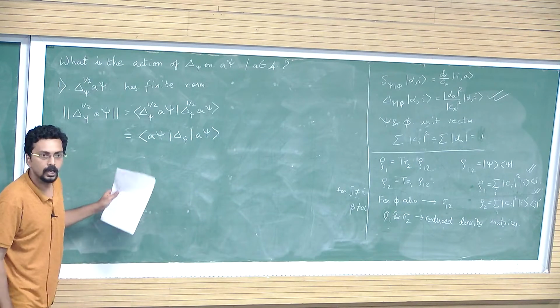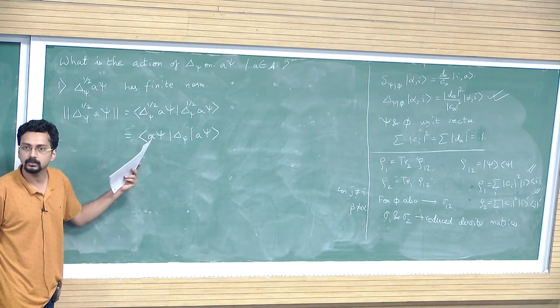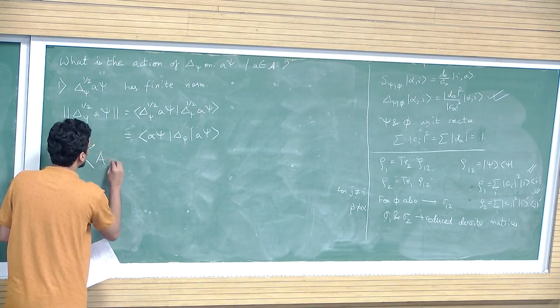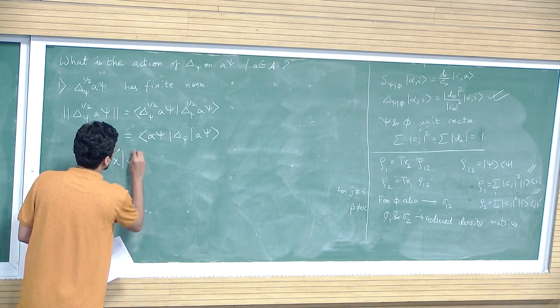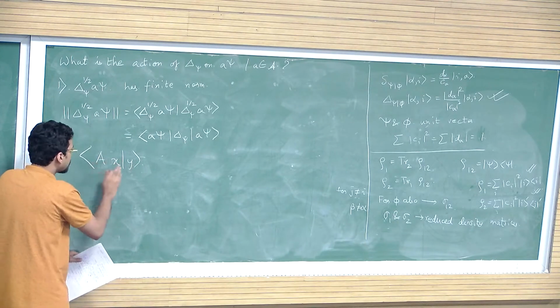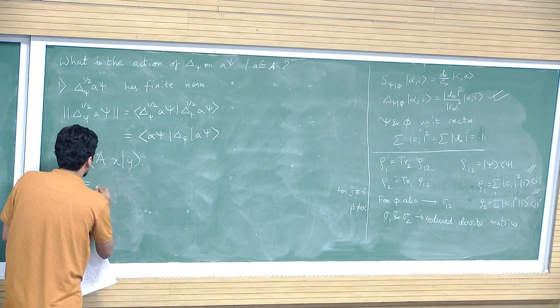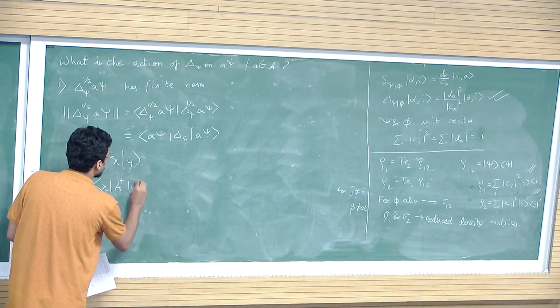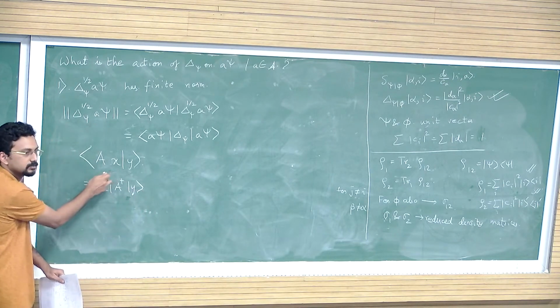Is the notation clear, by the way? If you have an operator A, and x and y are some states, what I am essentially doing is writing this object like this.